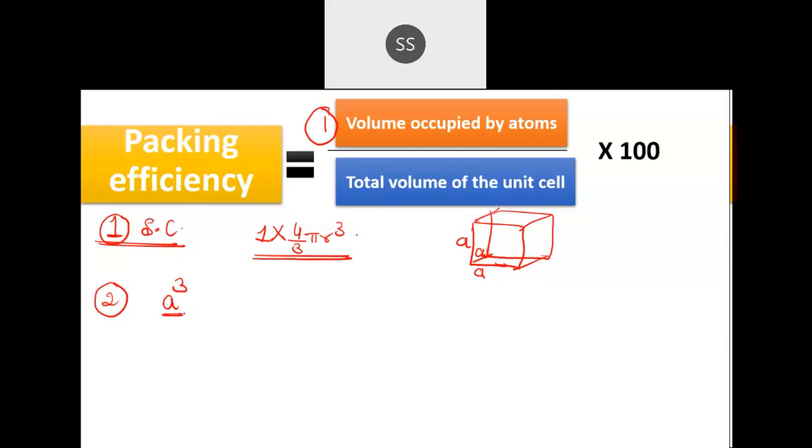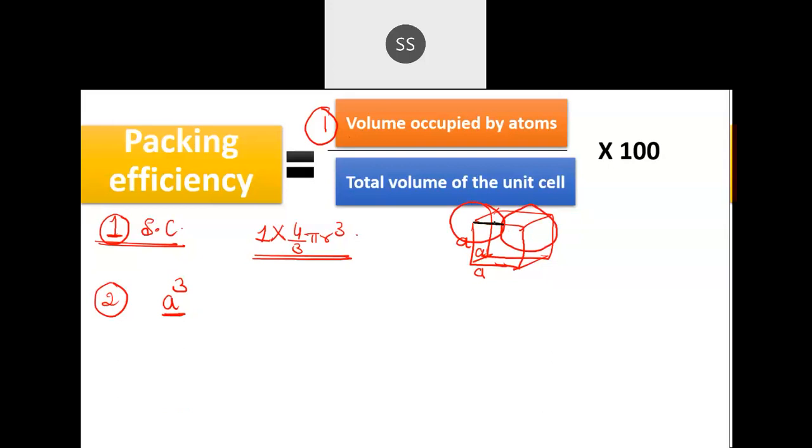Now, how are you going to get the a value? The a value is got by considering the atoms which are present on that edge length. In the simple cube, you know that one atom is present over here, and another atom is exactly next to it. So here you can see two atoms are occupying the edge length. But how much part of that atom comes to this edge length?